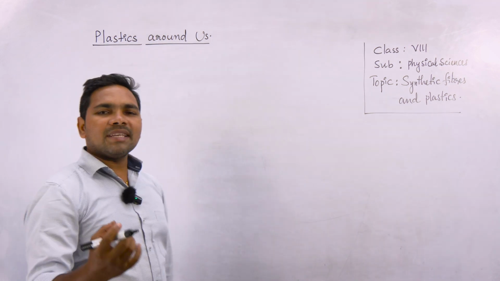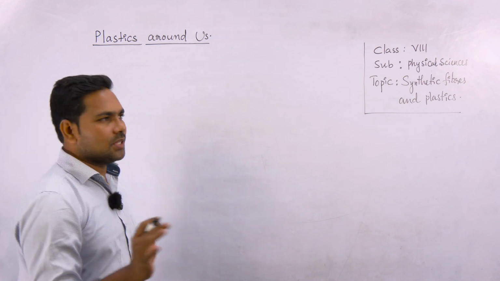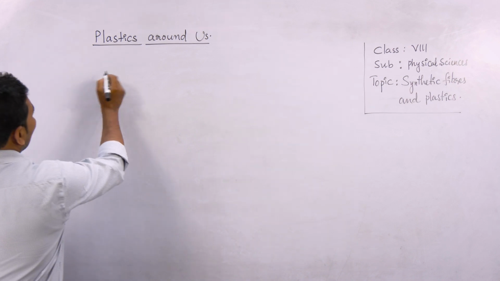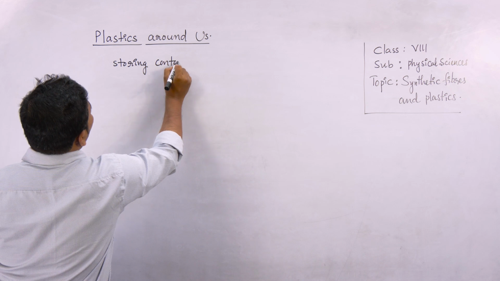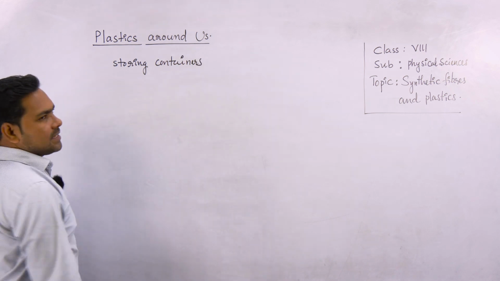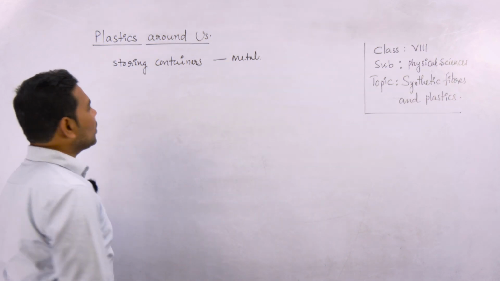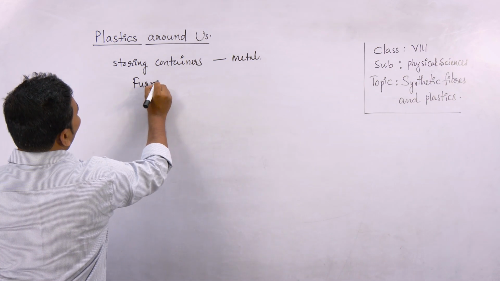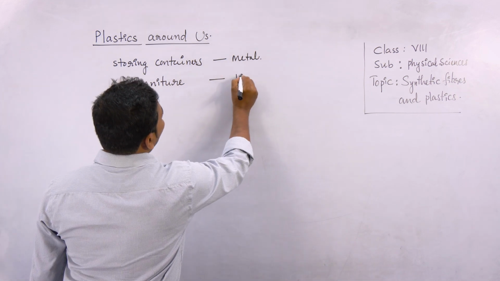First let us see plastics. Before using plastics, what were the traditional materials used? Let's say earlier, let's take storing containers. What were the storing containers in the olden days? Obviously metal containers were used. Let's say furniture. What was the material used in olden days to make furniture? It was wood.